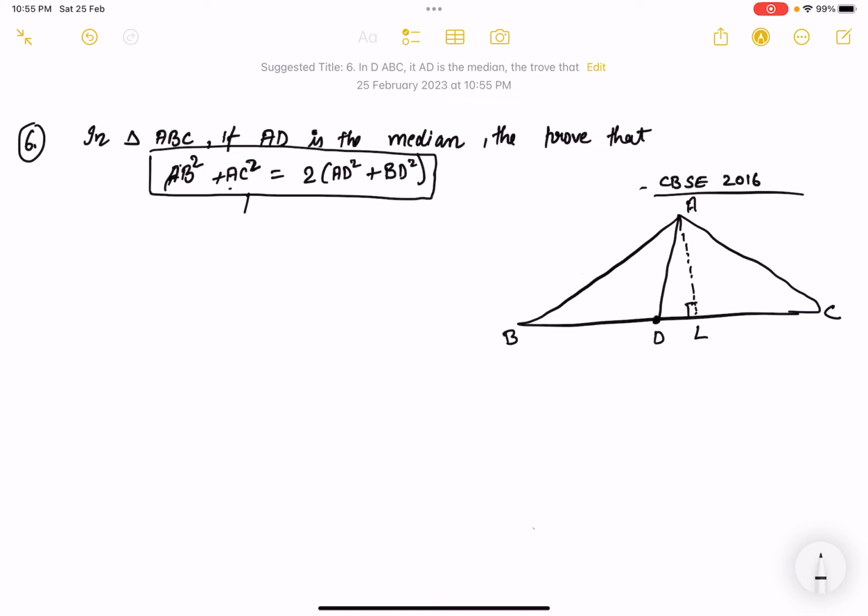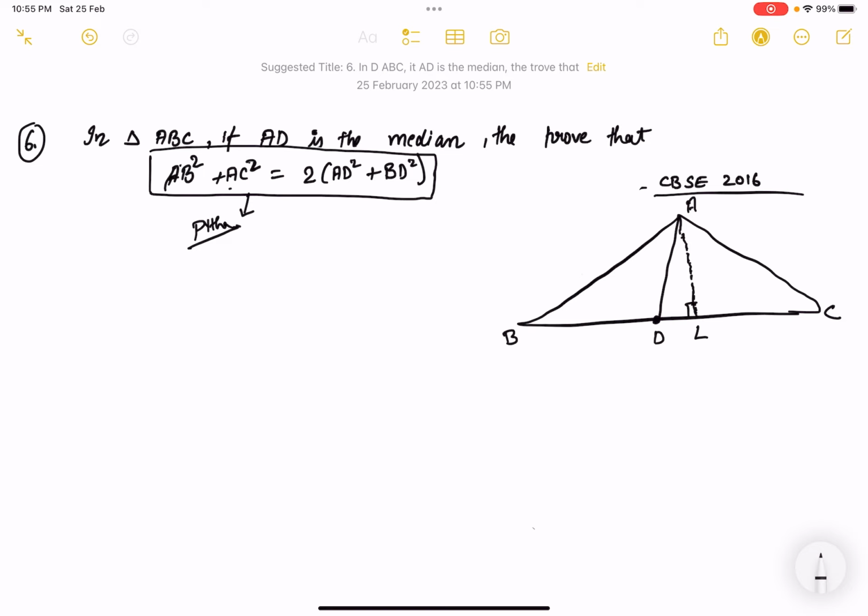From seeing this equation, we get an idea that we can use Pythagoras theorem in this. And to use the Pythagoras theorem, we should have a right angle triangle. So we will make a construction in the diagram. We will draw AL perpendicular to BC, and then we will apply Pythagoras theorem.